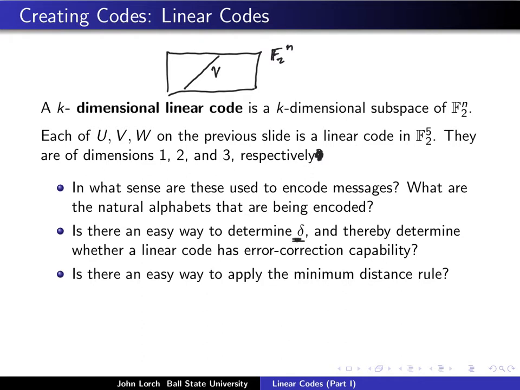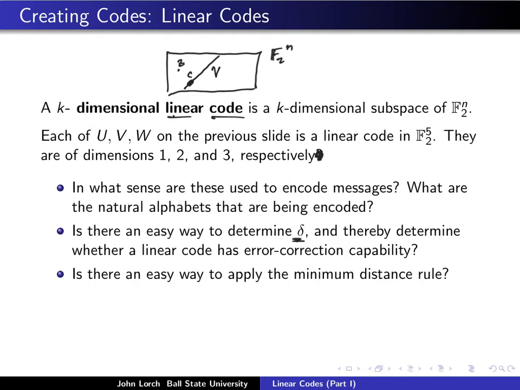So is there, in the setting of linear codes, a relatively easy way to determine this minimum distance and thereby determine whether a linear code has error correction capability? And then finally, is there an easy way to apply the minimum distance rule? Right? Let's suppose I receive a string Z in transmission, and I want to find a code word C that is of minimum distance away.